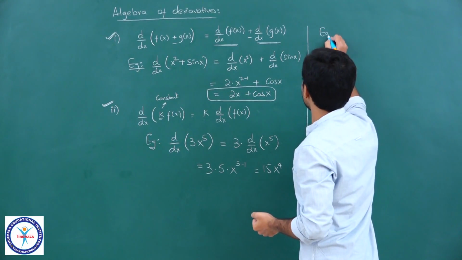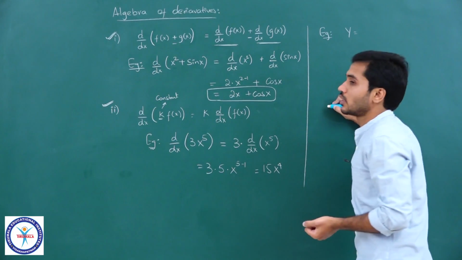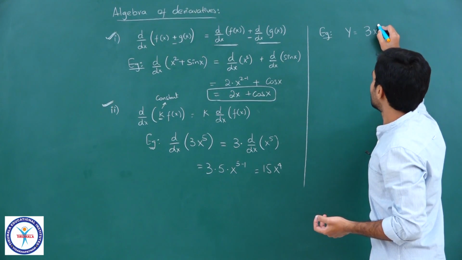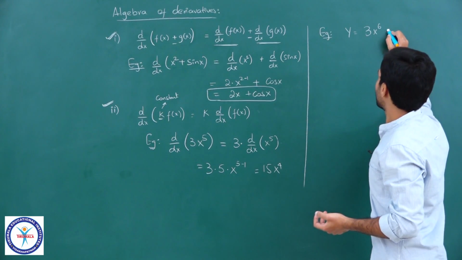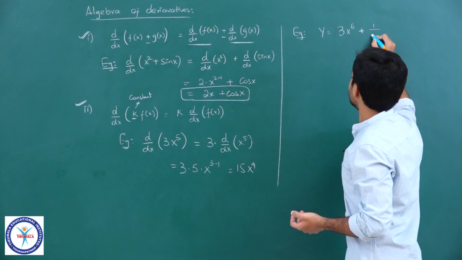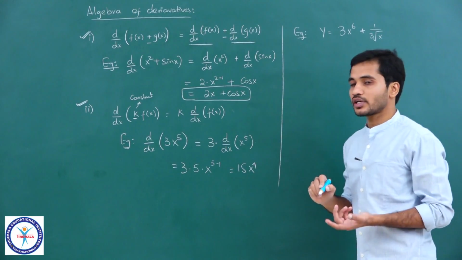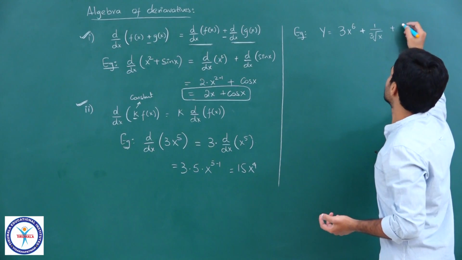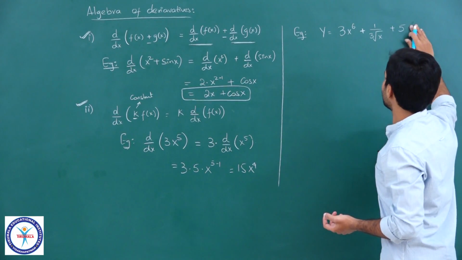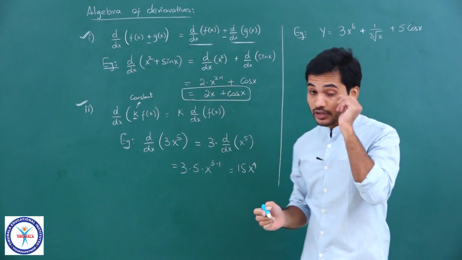Let us say we have taken a function which is given by y is equal to 3x power 6 plus 1 by cubed root of x, right, plus 5 sin x or 5 cos x, right.